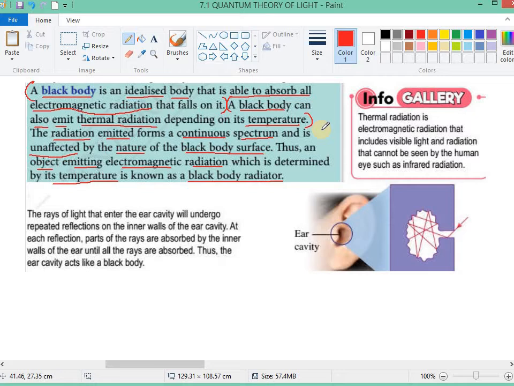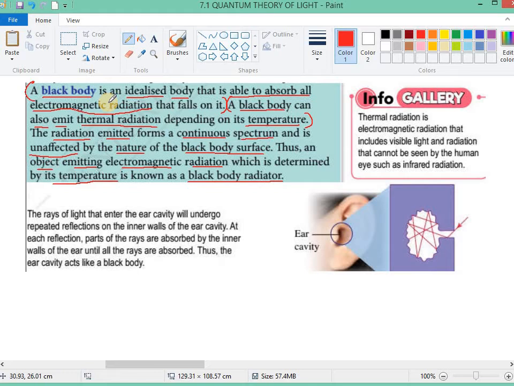That means that all of the absorbed electromagnetic radiation will be converted into thermal energy. That makes the kinetic energy of the particles increase and increases the temperature of the object.